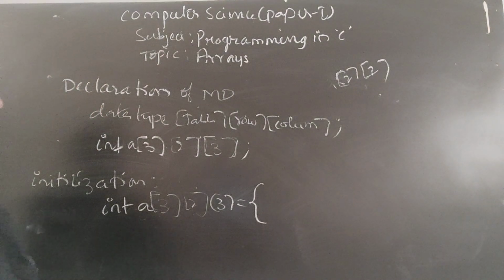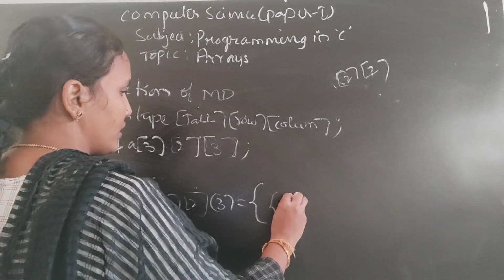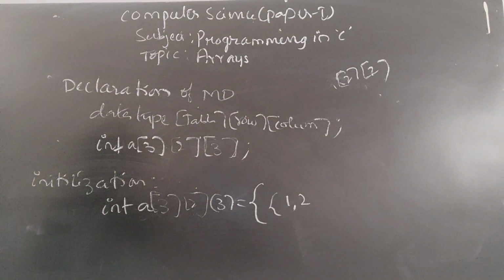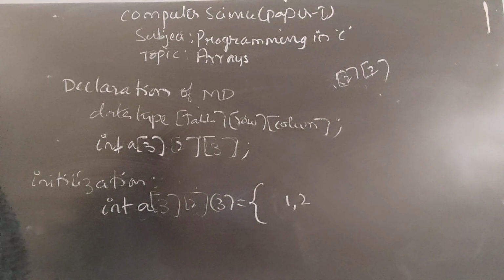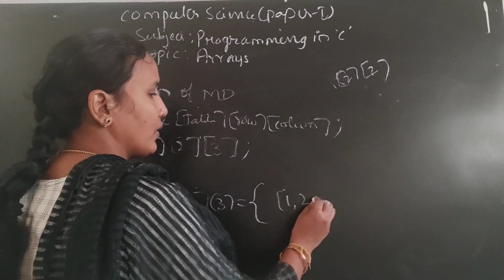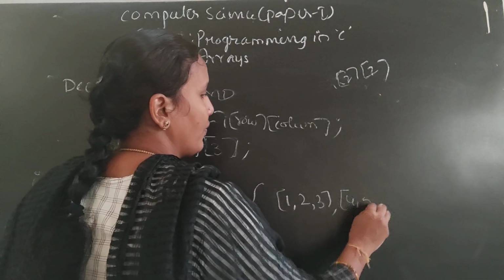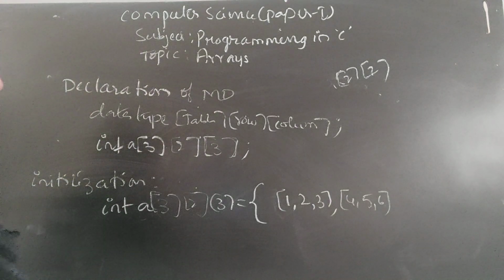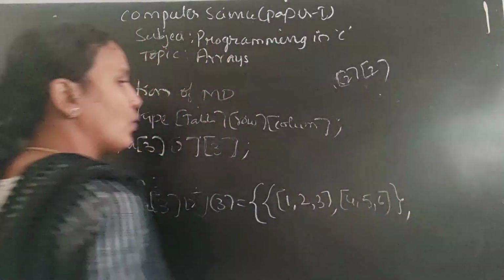So first we should give 2 rows and 3 columns. Writing it like this, 1, 2, 3, first row, comma, 4, 5, 6. 2 rows, 3 columns here. Over, first table.